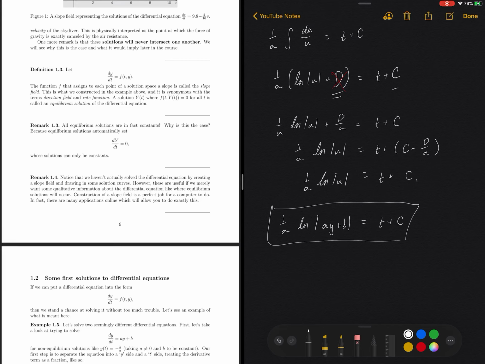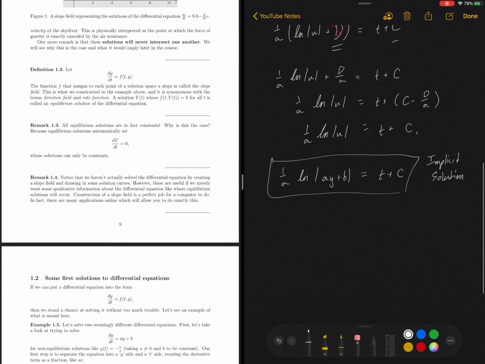I have an equation that tells me exactly what functions satisfy this differential equation. But usually what we wind up doing at this point is taking our implicit equation, so this is called an implicit solution, and we wind up solving this guy for the dependent variable y.